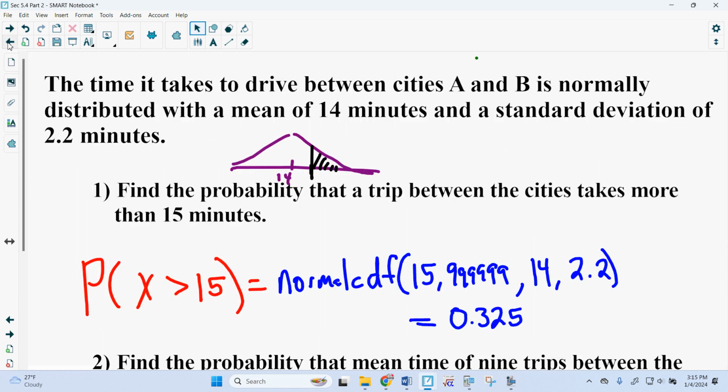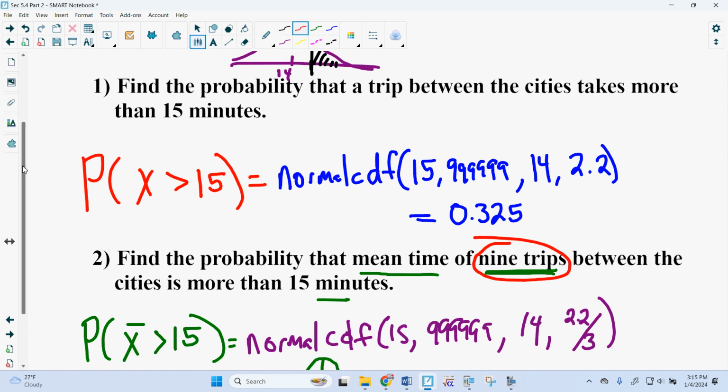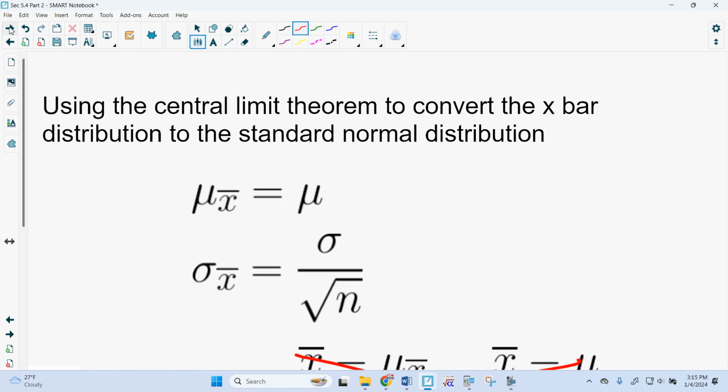If you go back to what we did yesterday, you'll notice for that problem we only had a sample size of 9. But if you read the original problem, it says they were normally distributed, so any sample size would work.